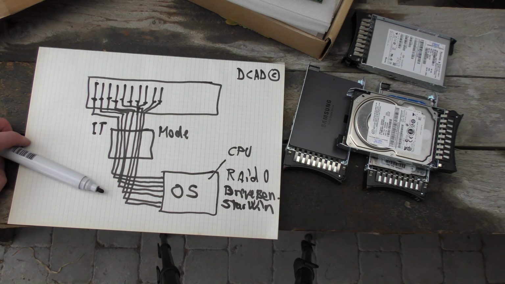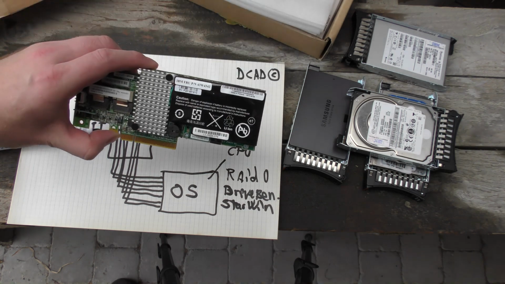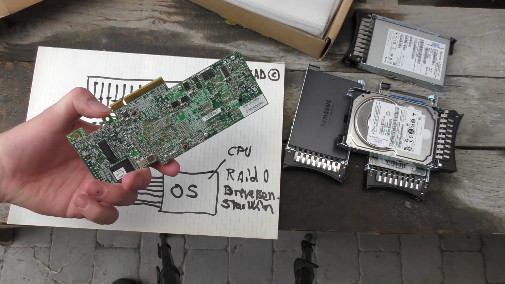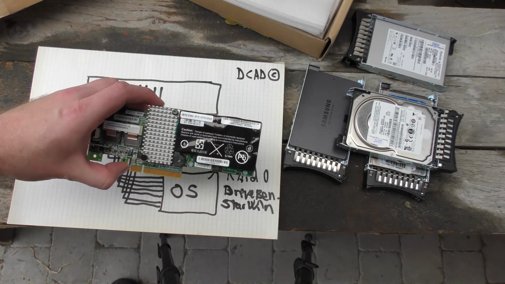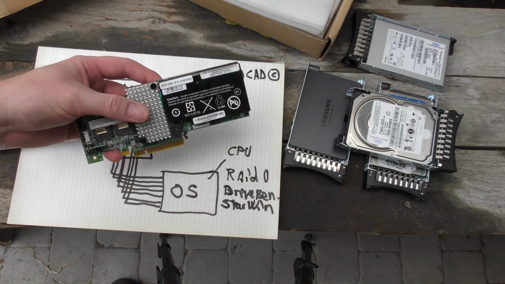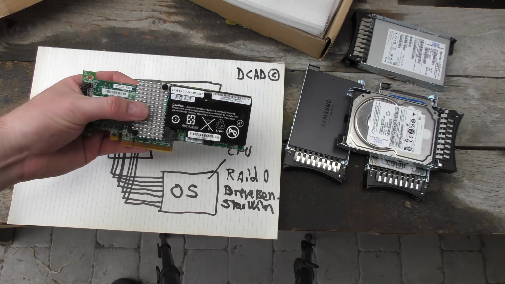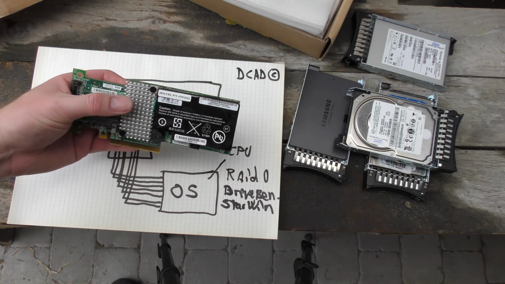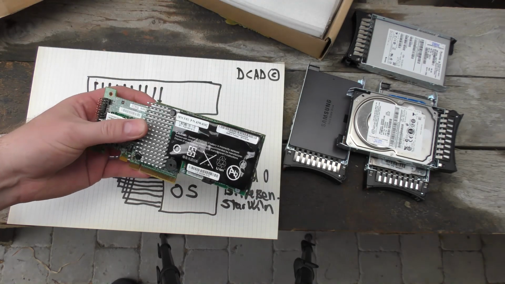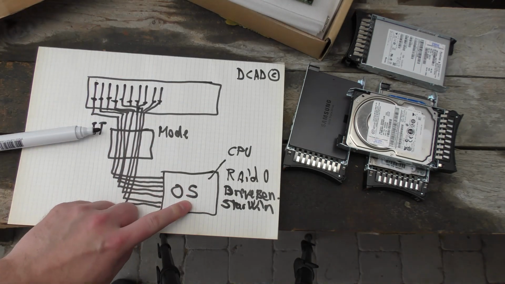So that's why the RAID controllers were really fantastic, because that moved the computing of those operations away from the CPU and out to a dedicated board. This was dedicated to handle all the disk operations, and it would just present itself to the operating system as one disk, and the OS would not have to do very much.